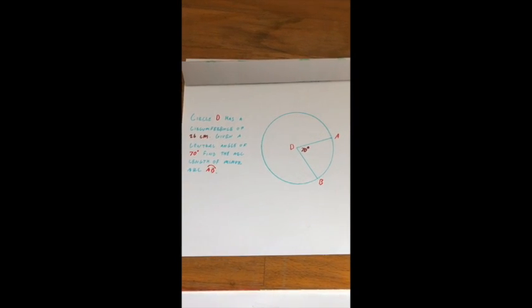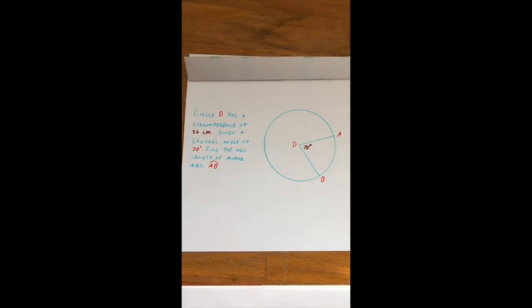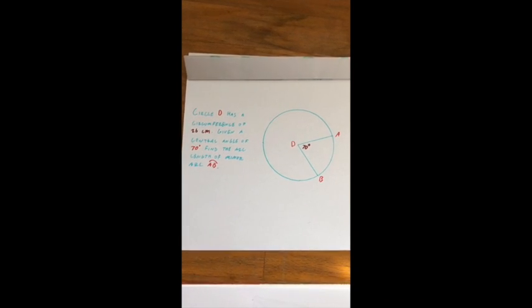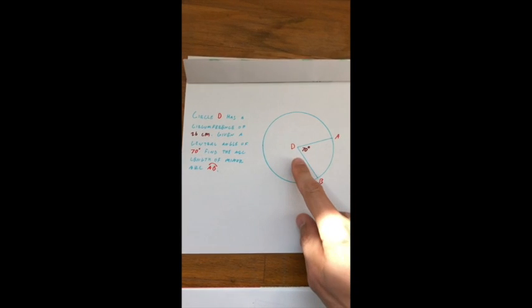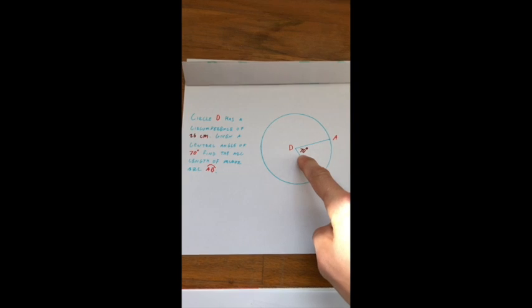Here's a sample problem. Circle D has a circumference of 26 centimeters. Given a central angle of 70 degrees, find the arc length of minor arc AB. So here's circle D, here's A and B, the central angle 70 degrees.